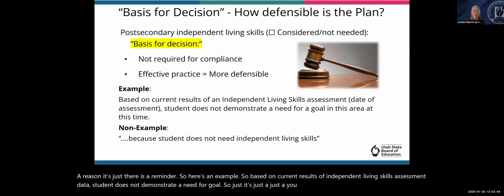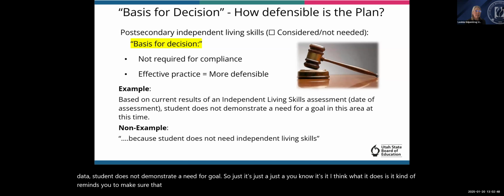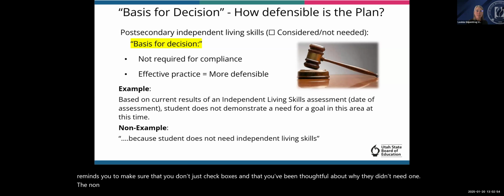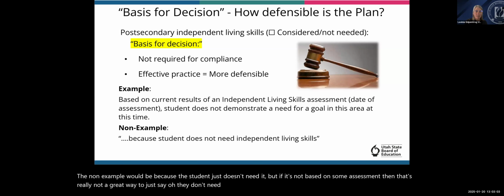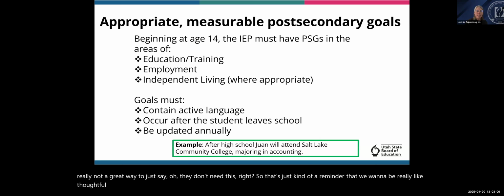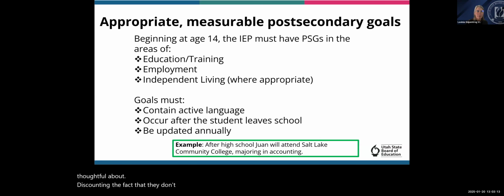I think what it does is it kind of reminds you to make sure that you don't just check boxes and that you've been thoughtful about why they didn't need one. The non-example would be, oh, because the student just doesn't need it. But if it's not based on some assessment, then that's really not a great way to just say, oh, they don't need this, right? So that's just kind of a reminder that we want to be really thoughtful about discounting the fact that they don't need an independent living goal.